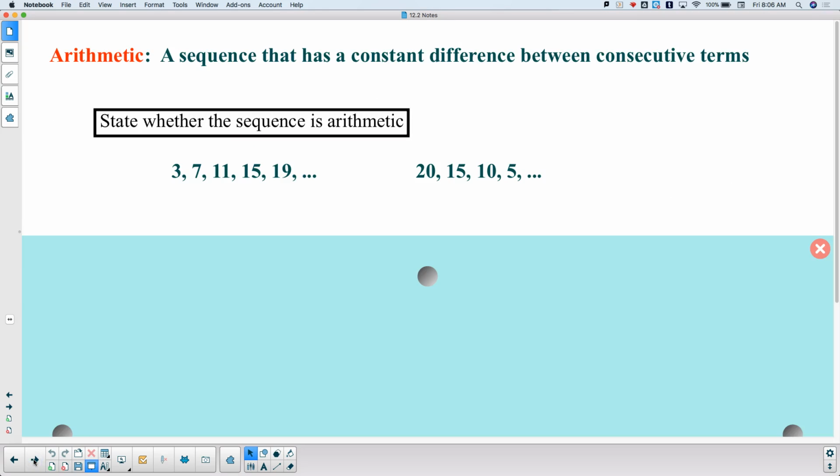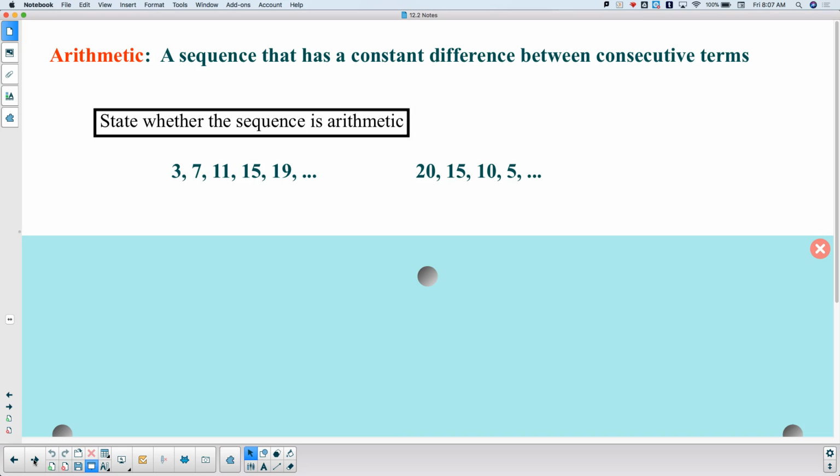So, an arithmetic sequence is a sequence that has a constant difference between consecutive terms. We did a couple of homework problems, and one of them was an arithmetic sequence because we were subtracting 1.6 to every term to get the next term.